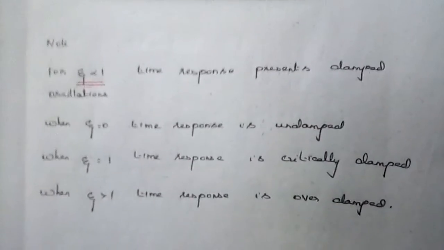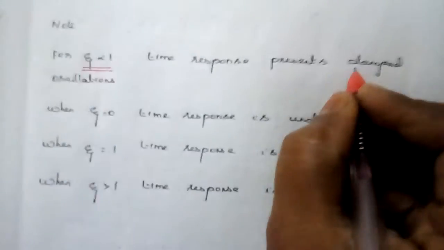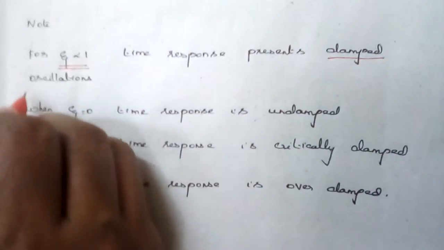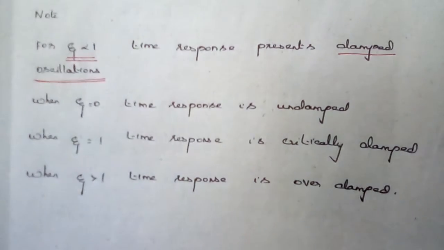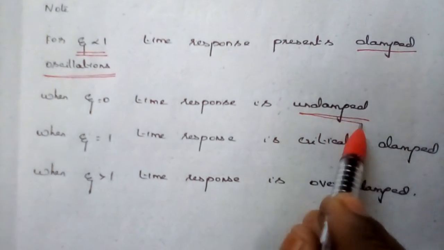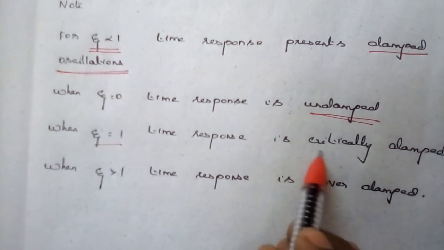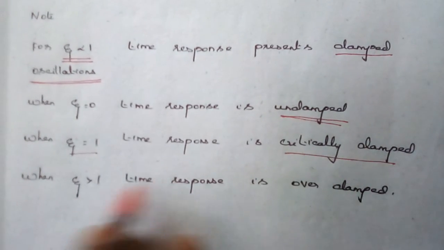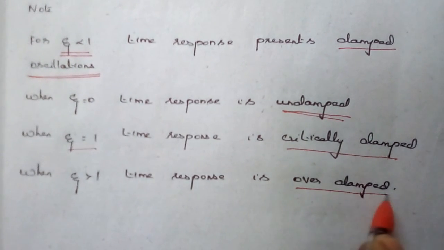Zeta is the damping ratio. If zeta is less than 1, the time response presents a damped oscillation. This is very much important, so be thorough with these cases, right? When it is 0, there will be undamped oscillations. When it is equal to 1, the time response will be critically damped. And when it is greater than 1, the time response will be overdamped.